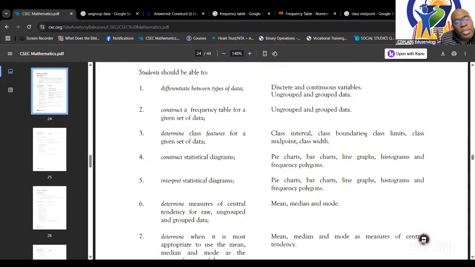But when you're constructing pie charts, you would have to find the sector angle that represents each data or group of data collected, or whatever data you're working with that requires you to use a pie chart, because it's not every data that you can use to represent in a pie chart.